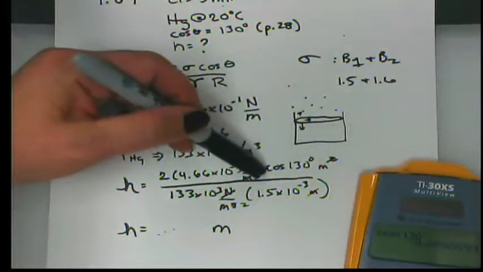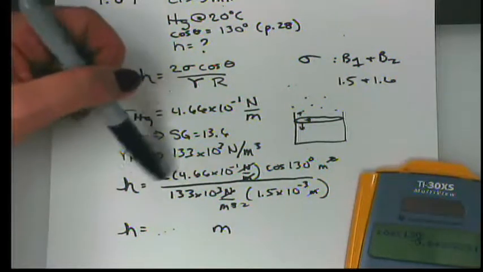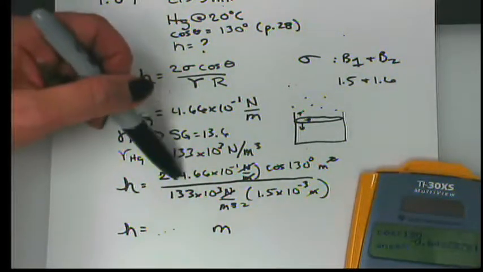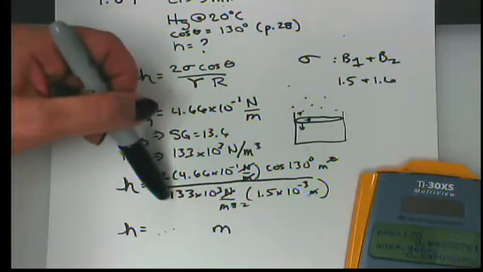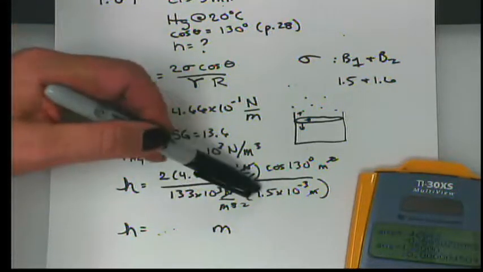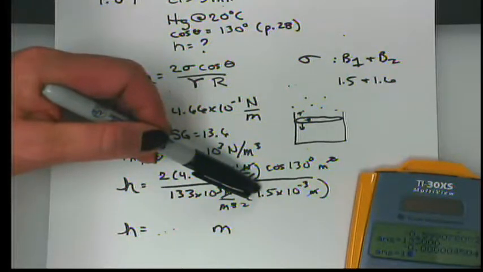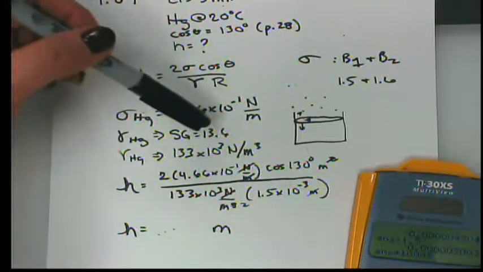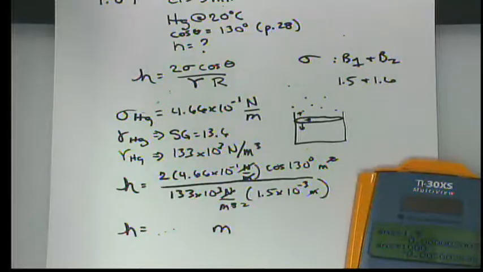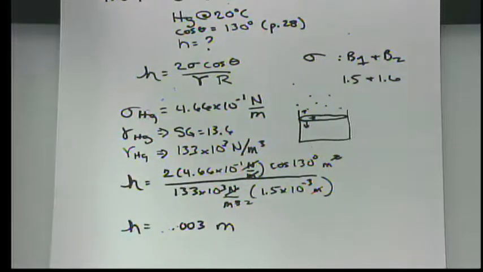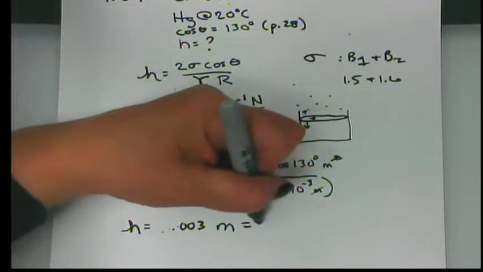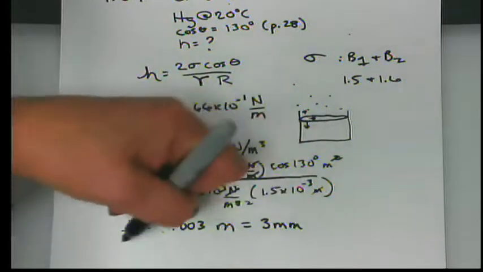So if I take the cosine of 130 and multiply it by 4.66 times 10 to the minus 1, multiply again by 2, divide that number by 133 times 10 to the third power, and divide again by 1.5 times 10 to the minus 3, which is 1,000 on the top, I get a value of 0.003 meters, which is a tiny amount of meters, but turns out to be 3 millimeters.